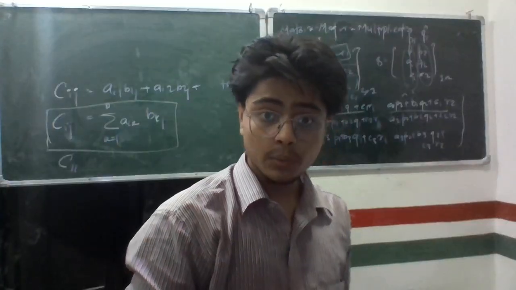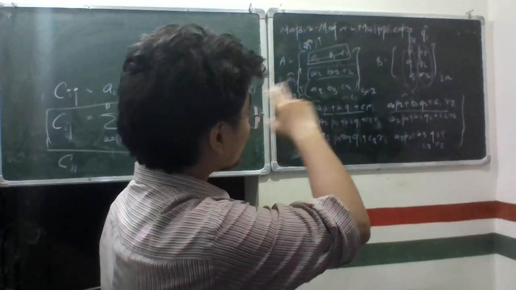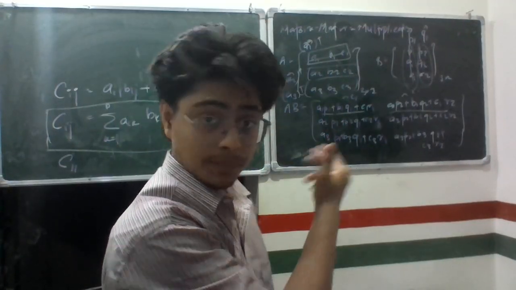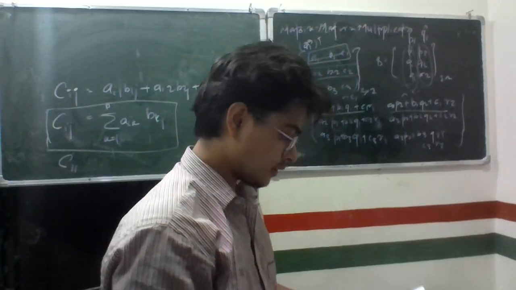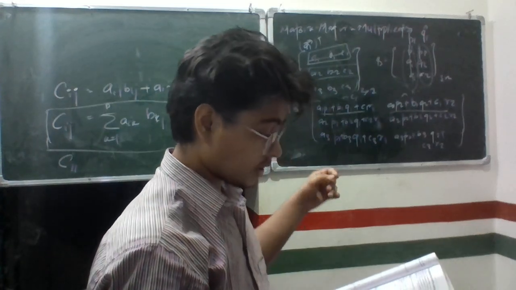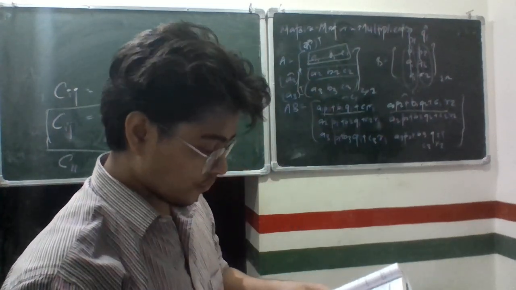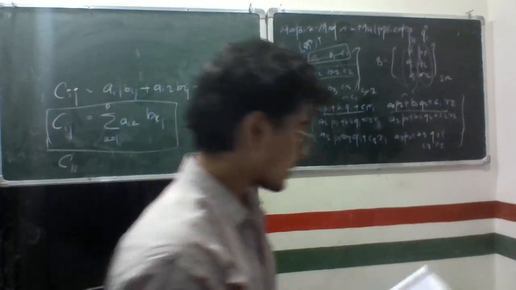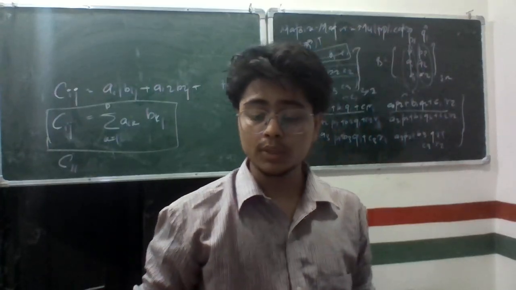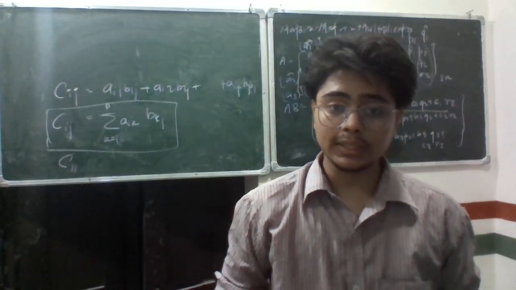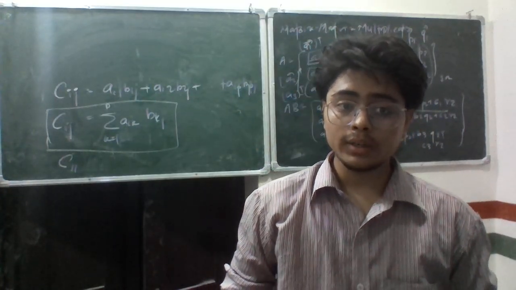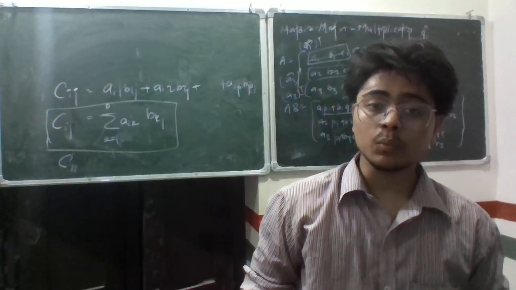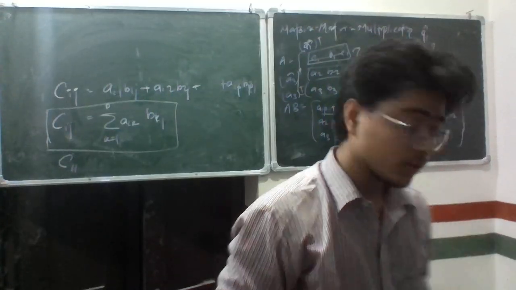The second is to break the rows of the first matrix and do the multiplication. It turns out that these two processes have two different names: one is called pre-multiplication and one is called post-multiplication. So let's see those.